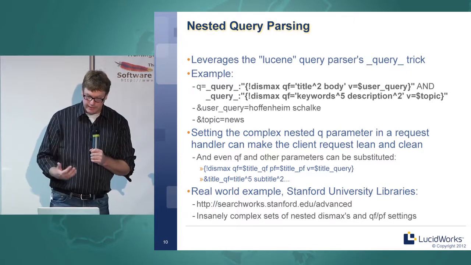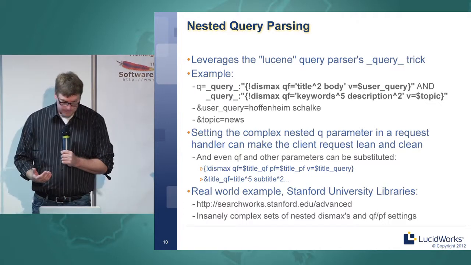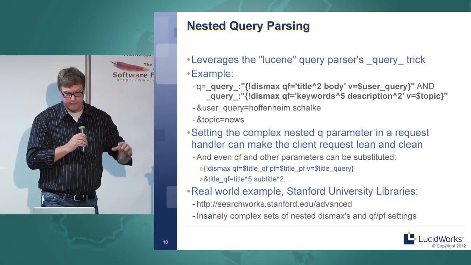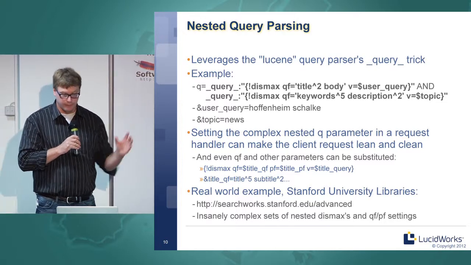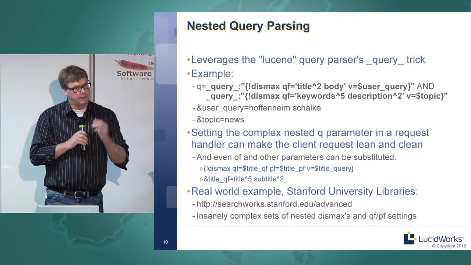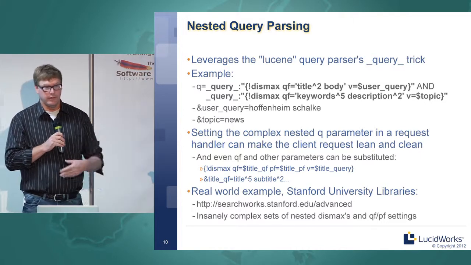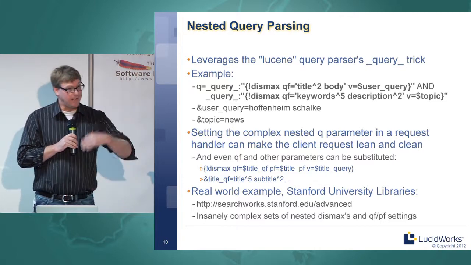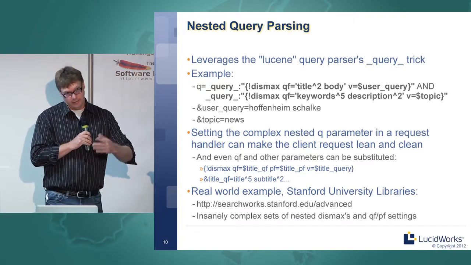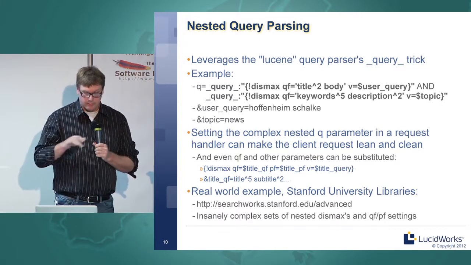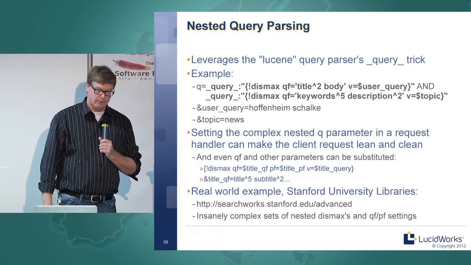And in this particular case, I'm using the Dismax. The first Dismax there is going across the title field with a boost on the title and then the body field as well. And I'm using a $userquery, and this is an arbitrary parameter that I've provided, defined here, and then later, either in the request, in this case it'll be from the request, or it could be from the request handler mapping, provide a value for that userquery parameter.